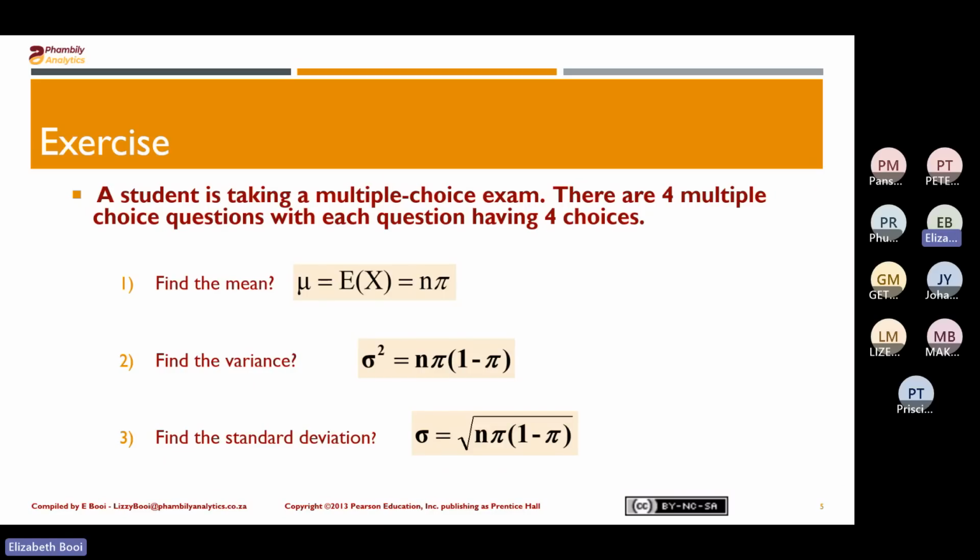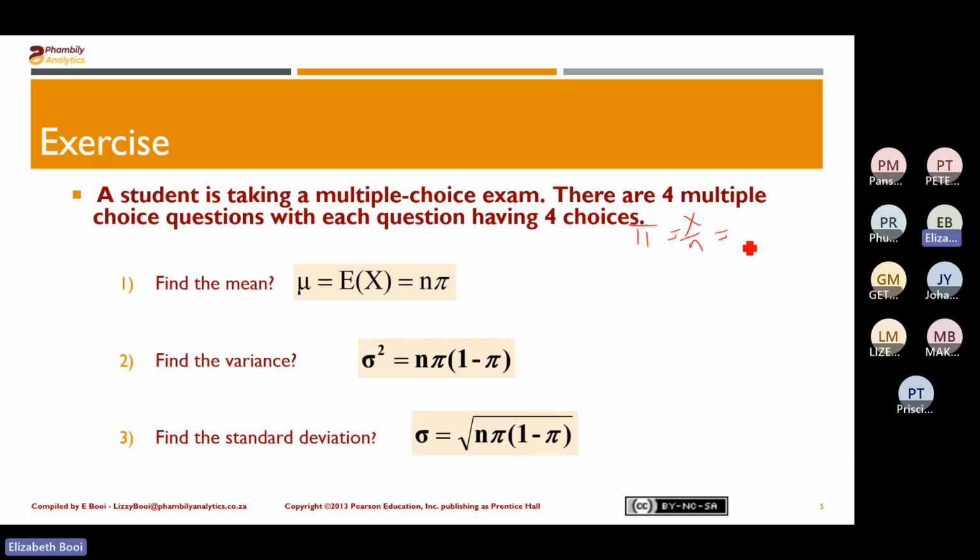A student is taking a multiple choice exam, and there are 4 multiple choice questions, with each question having 4 choices. So there are 4 questions, with each question having options where one is correct and the rest of them are not correct. So the number of outcomes satisfying success will be 1, because one option will be correct. In order for us to calculate the probability of success, our probability of success, pi, will be given by the outcomes satisfying that divided by the sample space.